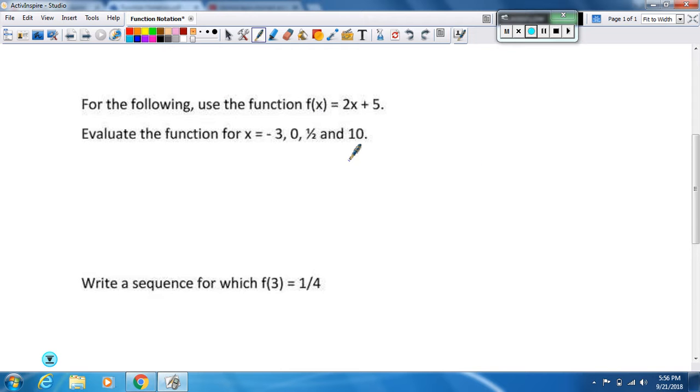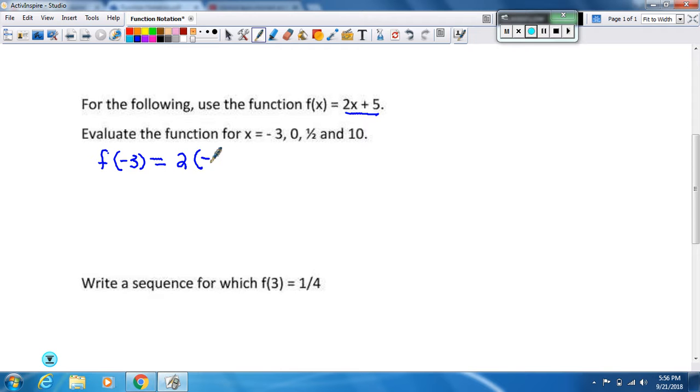Okay, for the following, use function f of x equals 2x plus 5. Evaluate the function for x equals -3. So you write that as f of -3 because you're letting x be -3. And then you just take whatever's after the equal sign and plug -3 in for x.